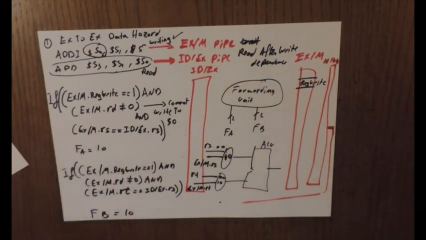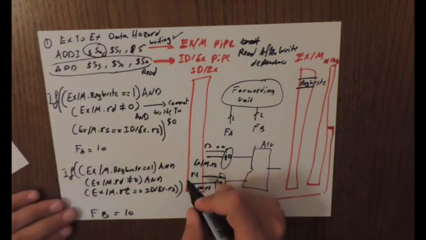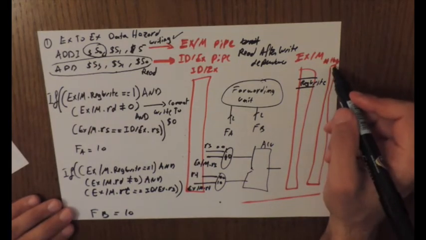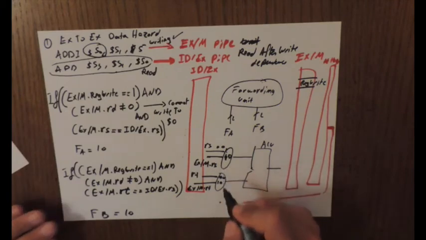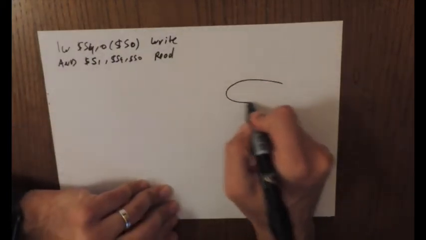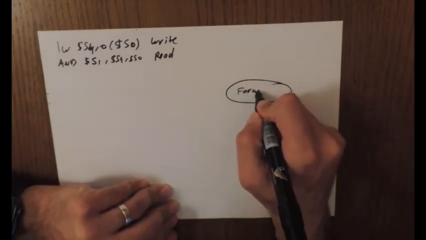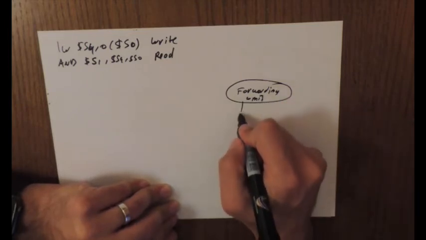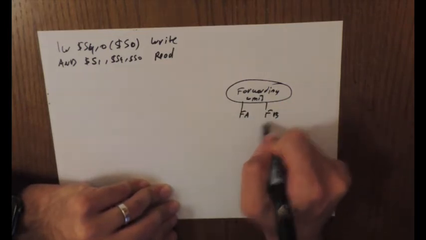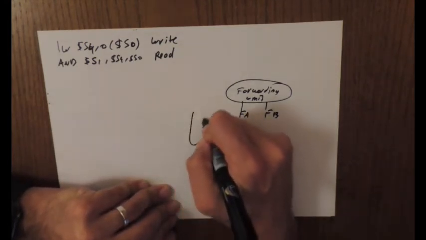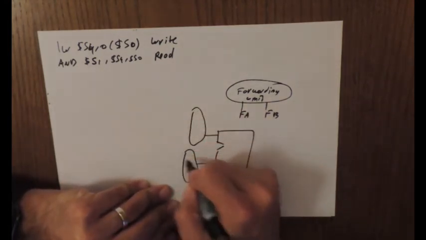Okay. Now if I want to add a value here, what should it be? I need to include the case where I have 1, 0. So let me draw this again to make it more clear. So we have the forwarding unit, and this is FA and FB, and we said we have the ALU, and it has 3 multiplexers.